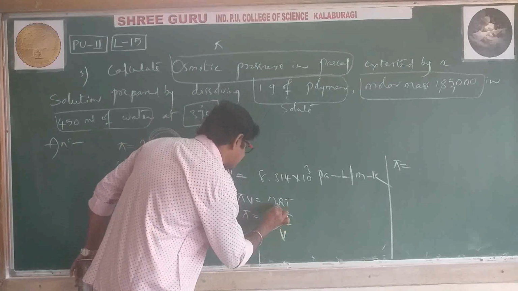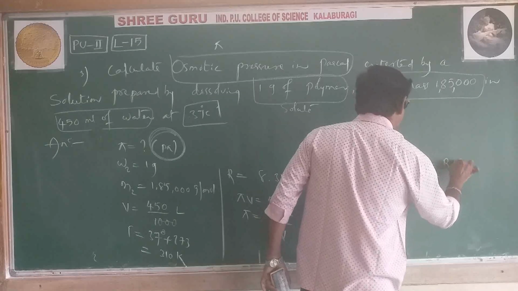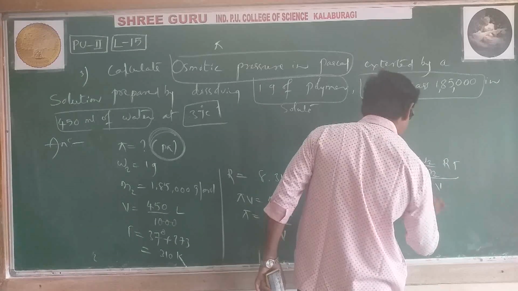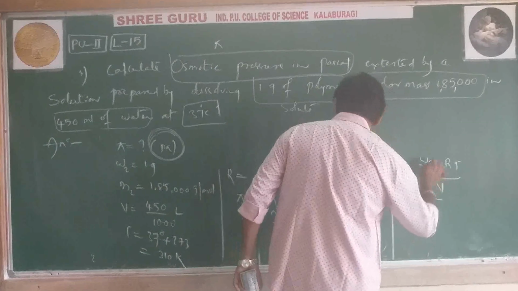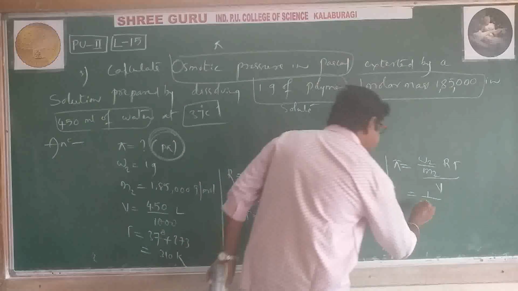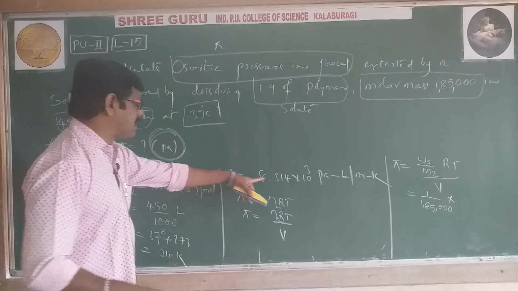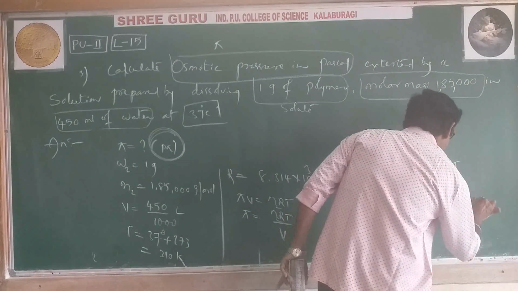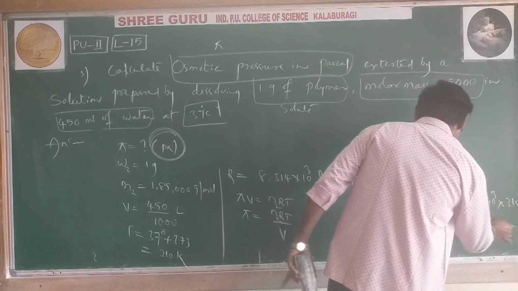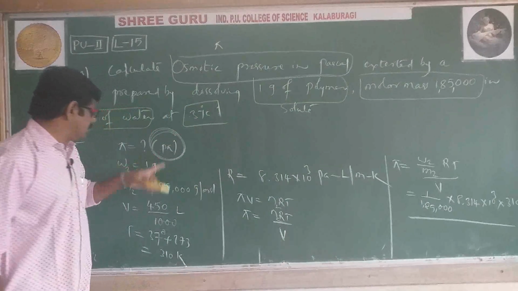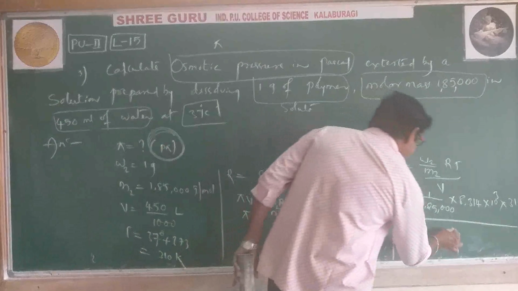That's why instead of n, or we can say n2, doesn't matter, therefore W2 divided by M2 RT divided by V. Then W2 value is 1, divided by molar mass of solute 1,85,000, into R value 8.314 into 10 cube, into temperature 310 Kelvins, divided by volume. If you divide 450 by 1000, you will get 0.45, directly you can write 0.45 in liters.